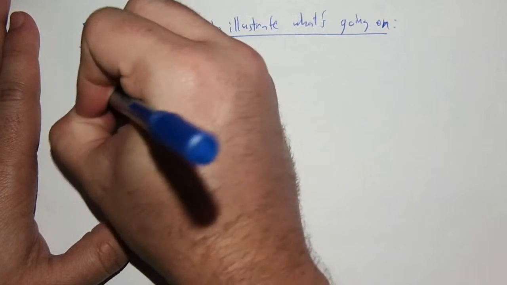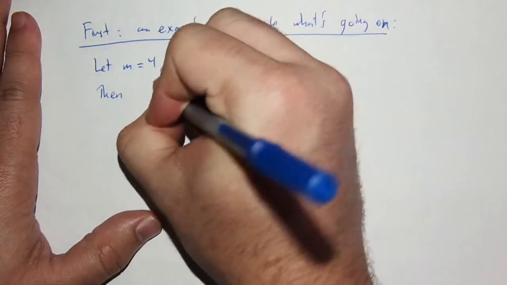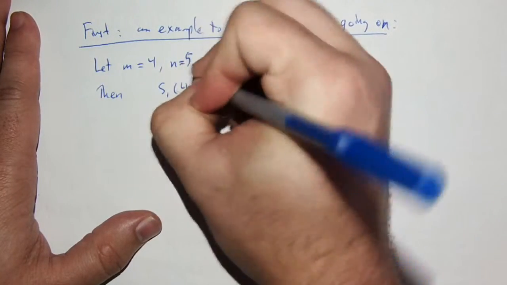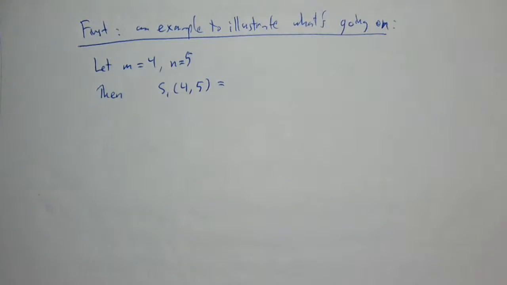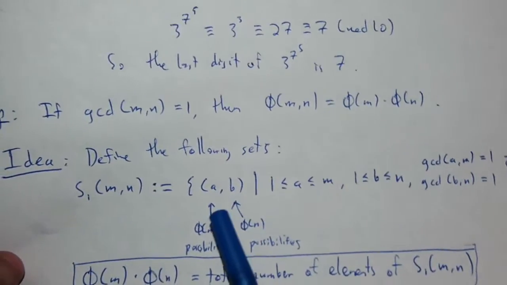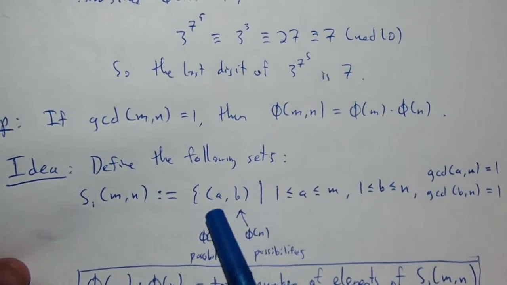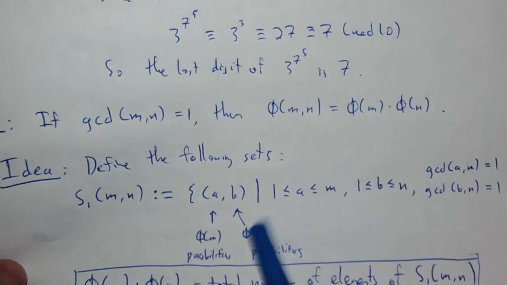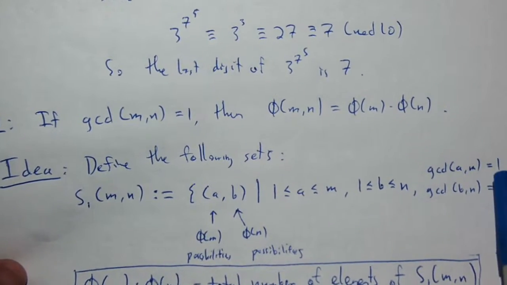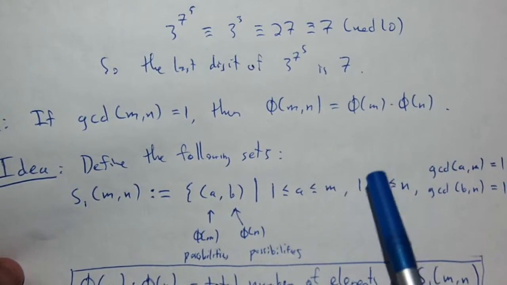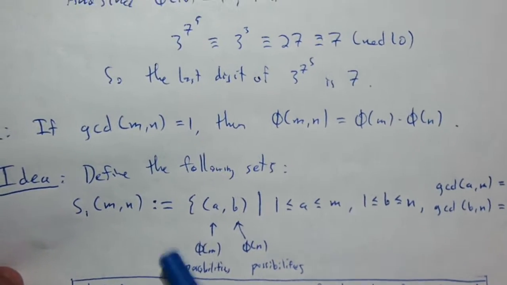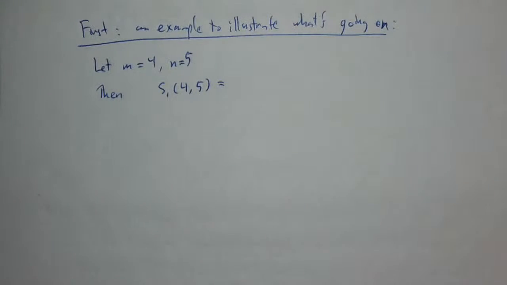Then we can just list out the elements of S sub 1 of 4, 5 and S sub 2 of 4, 5. So S sub 1 of 4, 5, let's remember our definitions. S sub 1 of M, N is the set of ordered pairs where the thing in the first slot is an integer between 1 and M, relatively prime to M, and the thing in the second slot is an integer between 1 and N, relatively prime to N. So all possibilities for A and B are run through here.